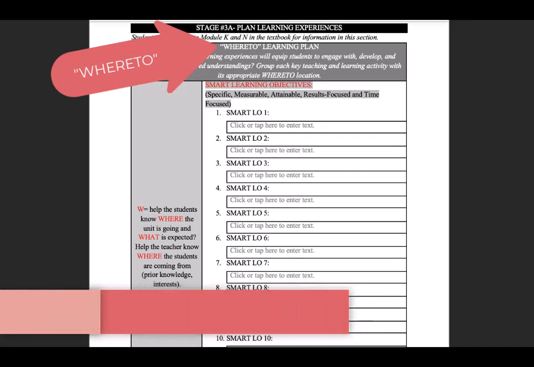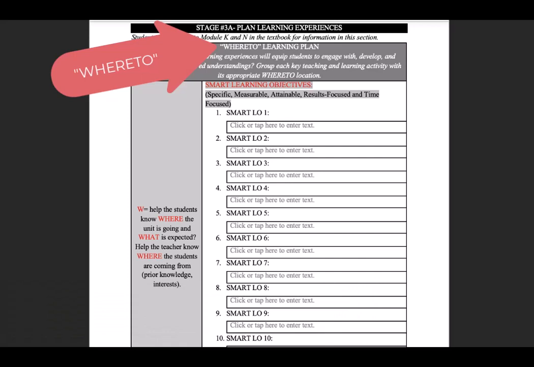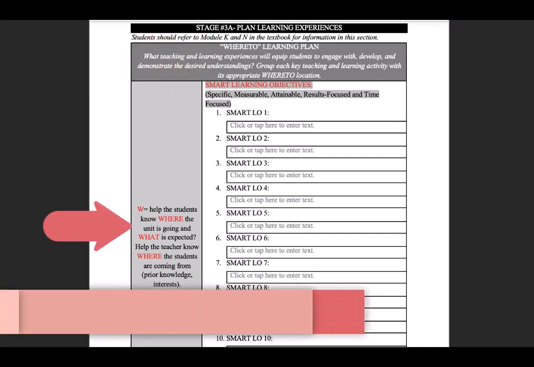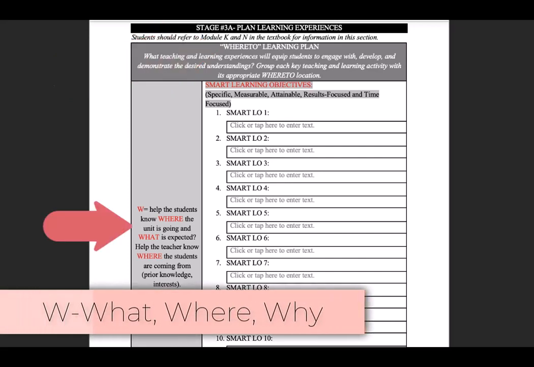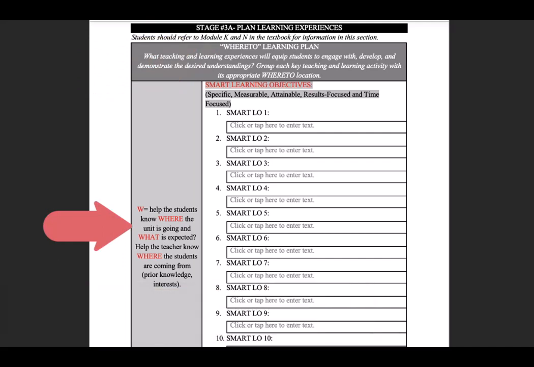Each letter plays an integral part in Stage 3 and are the 7 core design principles that need to be taught in a classroom. The W in WHERETO is about what the students are expected to do, where the lesson is headed, and why. It is also about where the students are coming from, so their background.